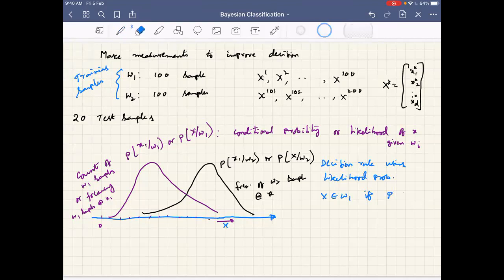I could put X in the omega 1 class given the probabilities: P of omega 1 given X greater than P of omega 2 given X. Is this clear? Else, X belongs to omega 2.